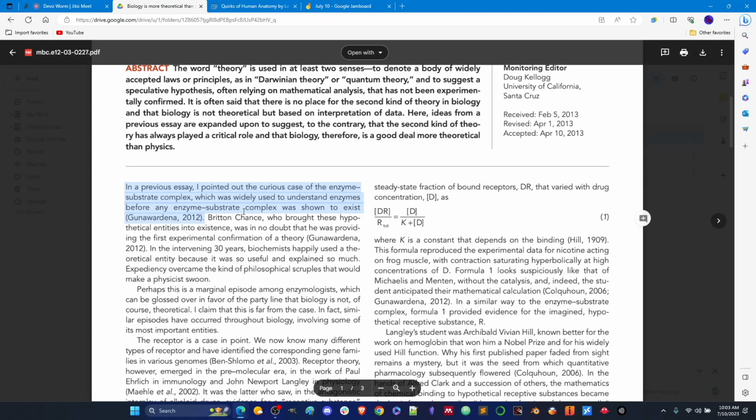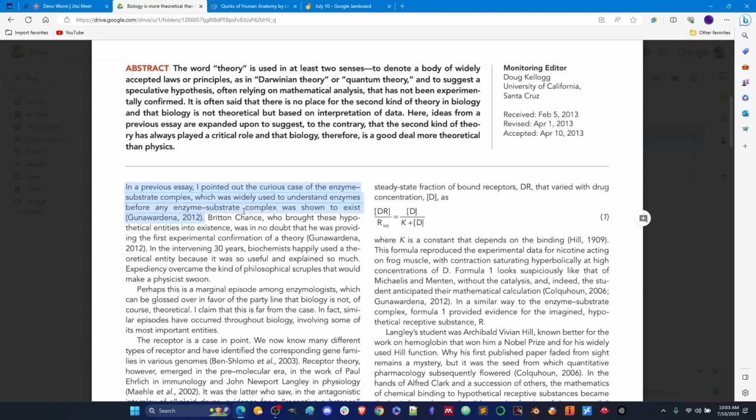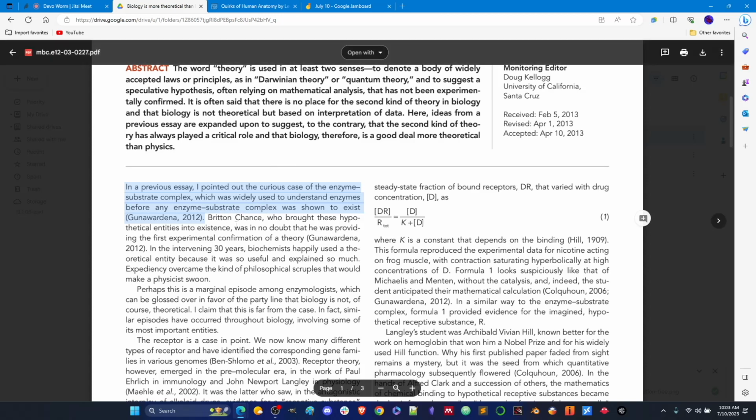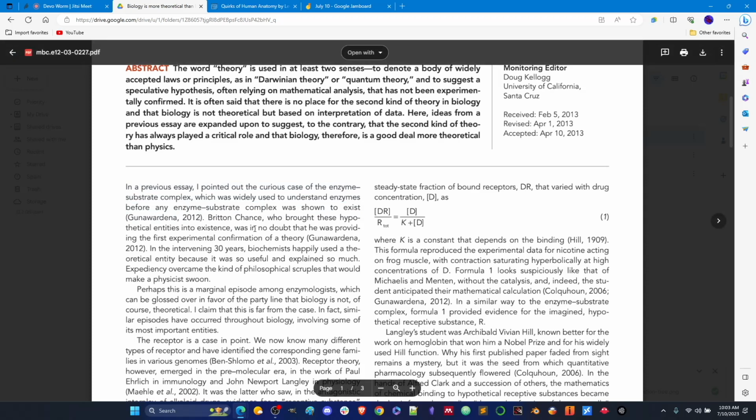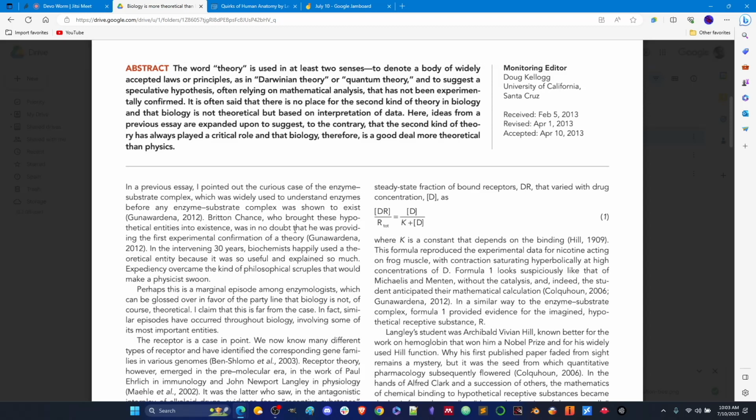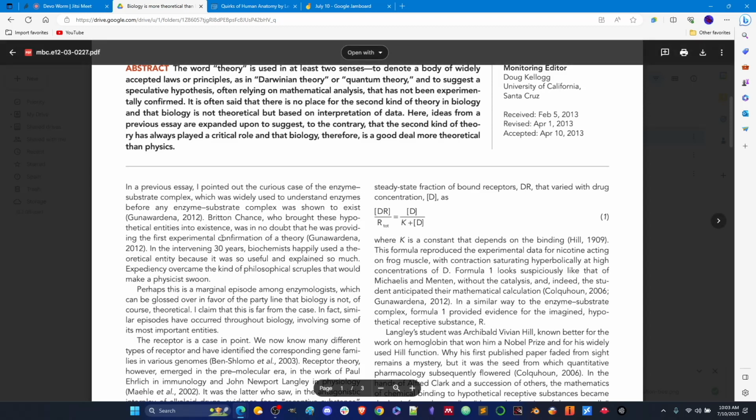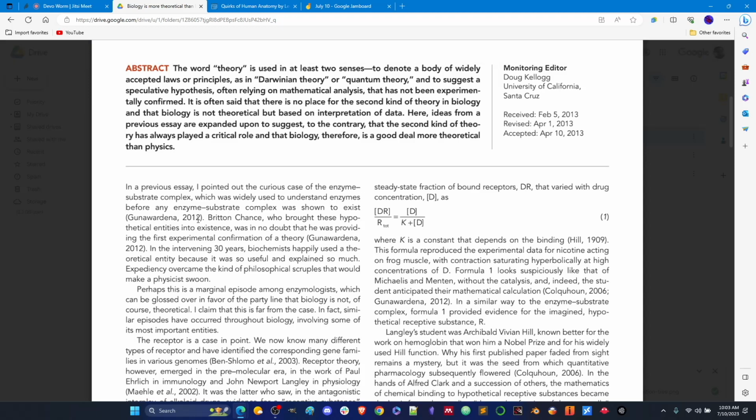But this is where you actually build a sophisticated model of something, and then you realize it with data. So Britton Chance, who brought these hypothetical entities into existence, was in no doubt that he was providing the first experimental confirmation of a theory. So this is that one.